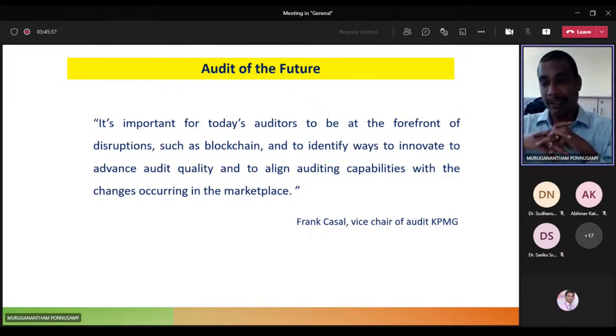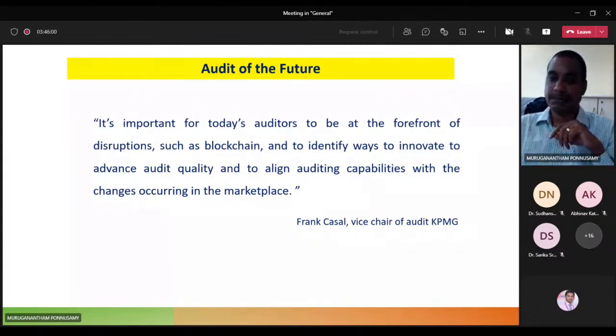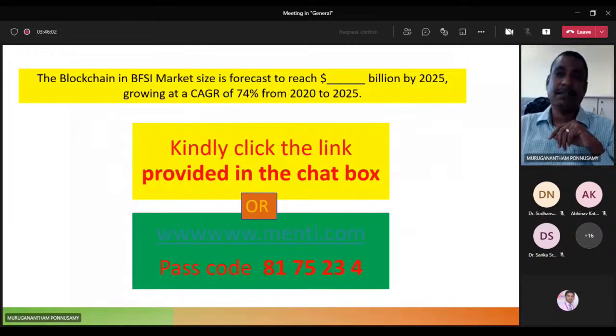We have to think what way we have to empower in terms of education, in terms of demonstrable education to the young kids, by incorporating the latest technology in their curriculum and syllabus. Right.